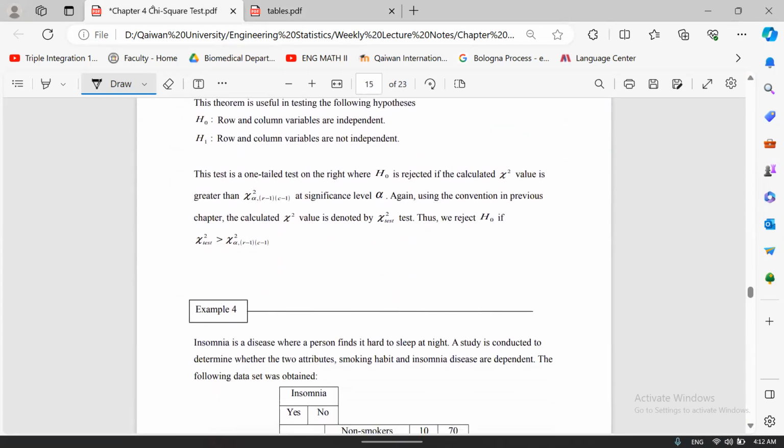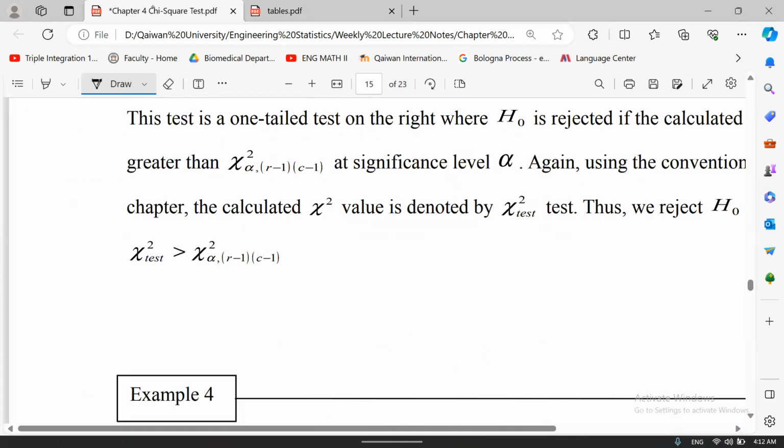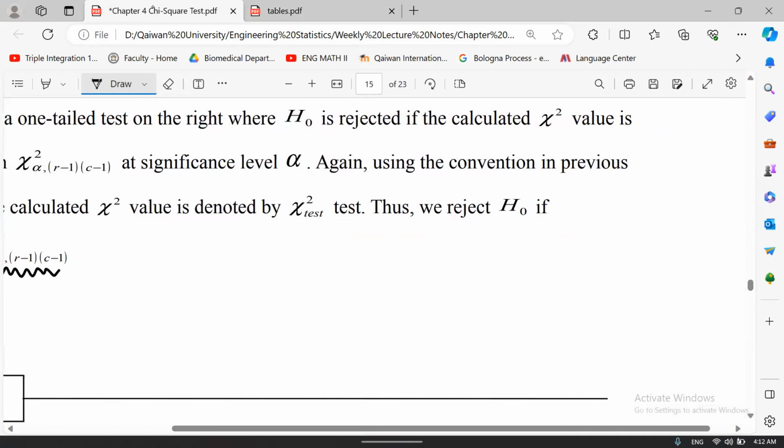If the chi-square calculated is greater than the value of chi-square that you get from the table, we reject H naught. H naught is that statement which is given in the example. In the example, always H naught is given. H1 is different from that statement.